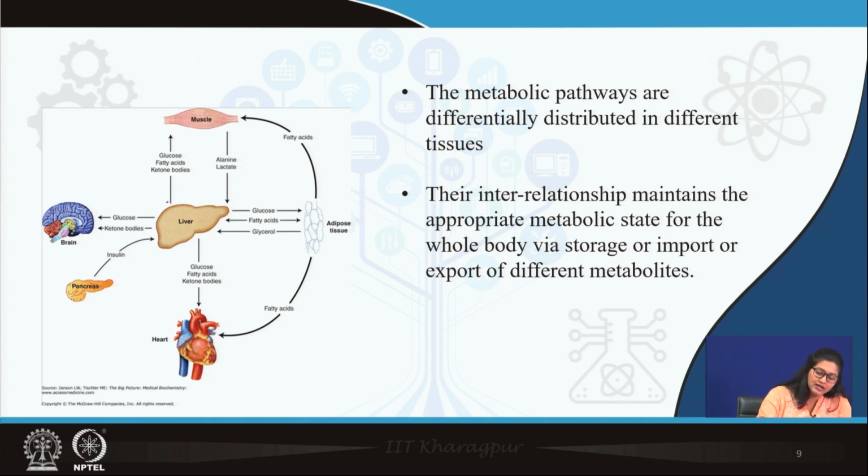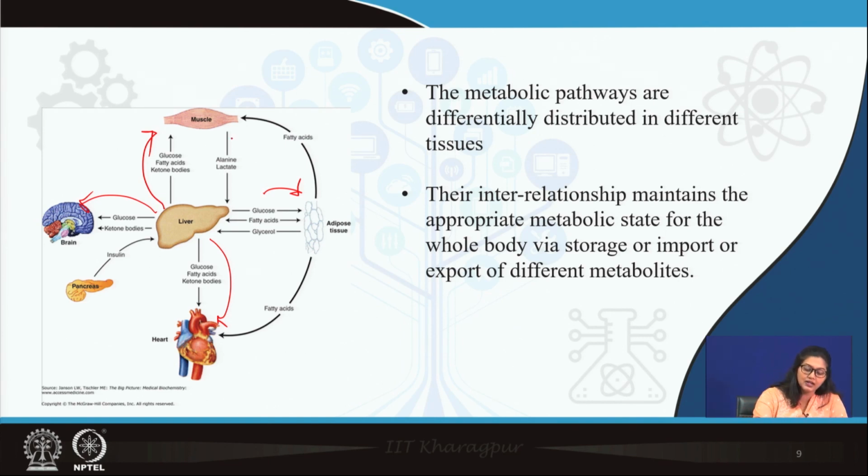So, liver provides nutrients to all these organs, starting from skeletal muscle, brain, heart, adipose tissue, everywhere liver distributes nutrients. But these organs, on requirement, provide energy to liver as well, exchange nutrients with liver as well.